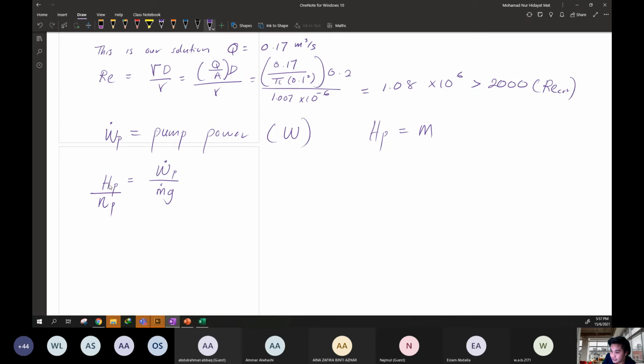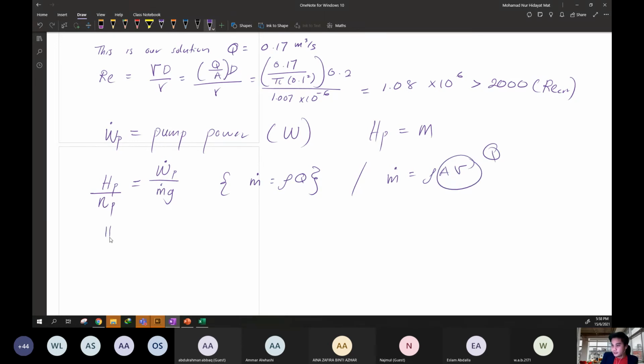If it is output, it is at the numerator side. We know already mass flow rate is equal to rho Q. I believe you know mass flow rate is equal to rho A V, but A V is Q, so rho Q is the same here.